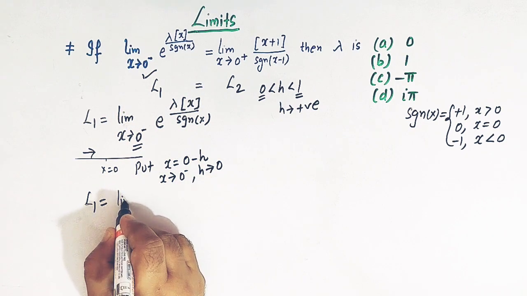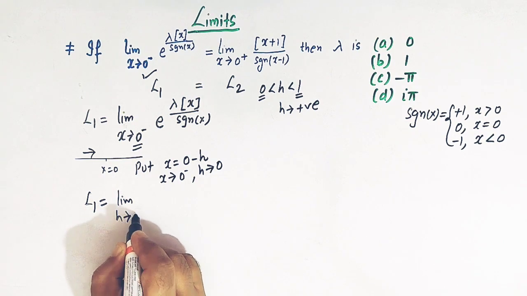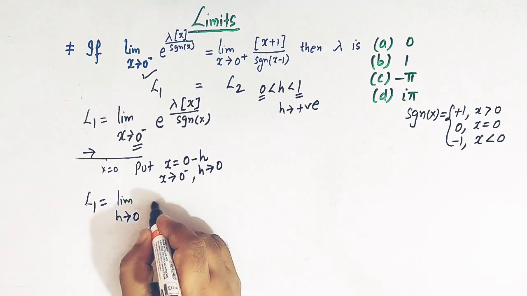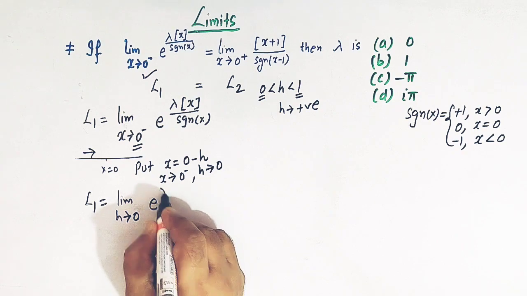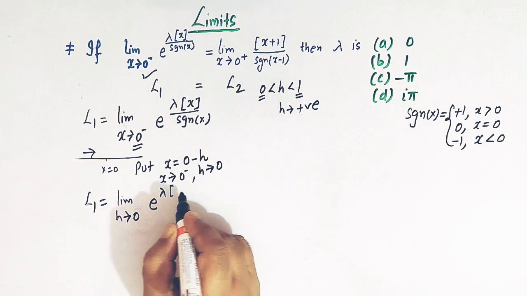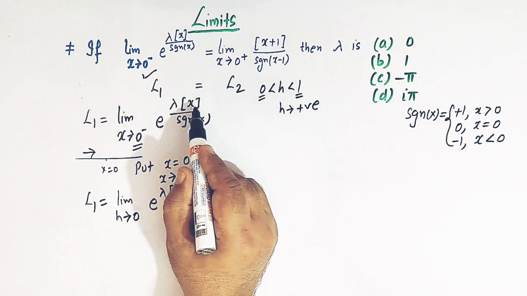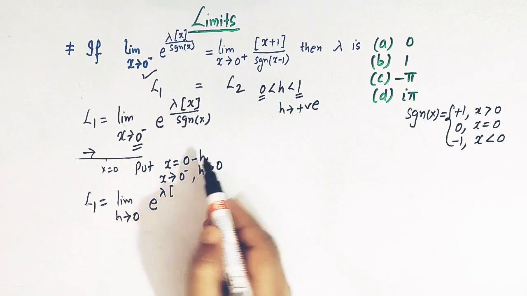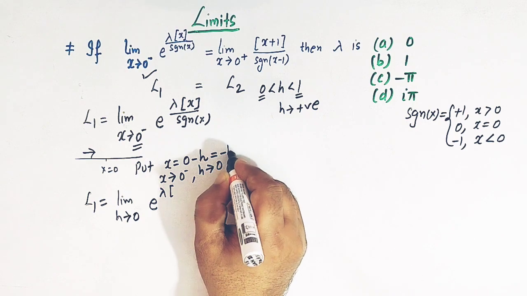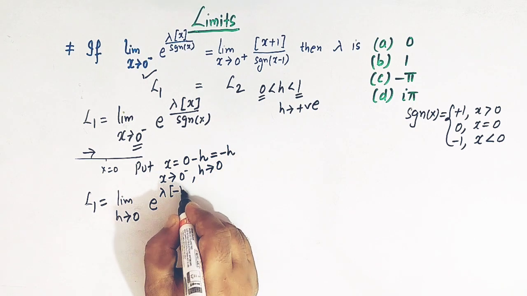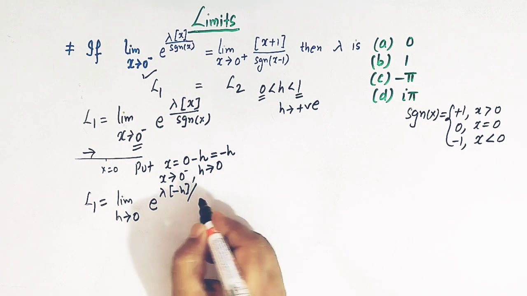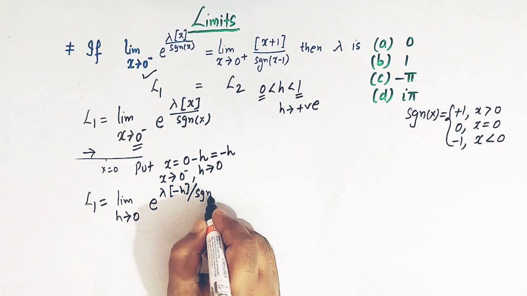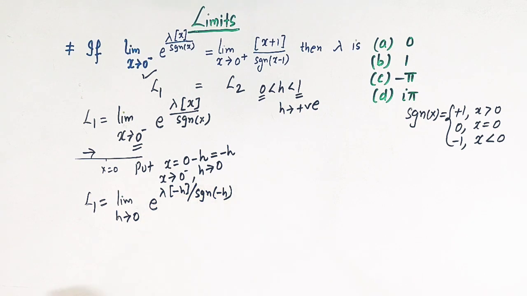So we have the limit as h tends to 0 of e raised to lambda times greatest integer of x. For x we can write 0 minus h, that is equal to minus h. So we have greatest integer of minus h divided by signum of minus h.